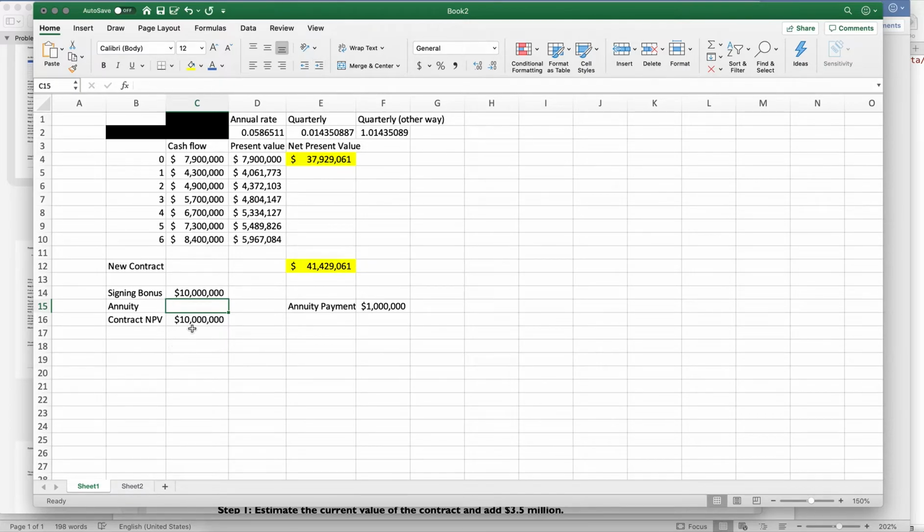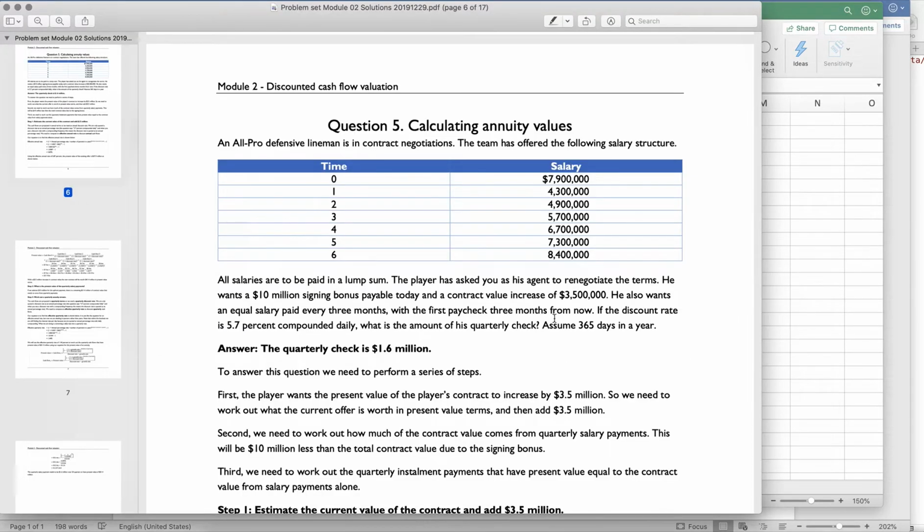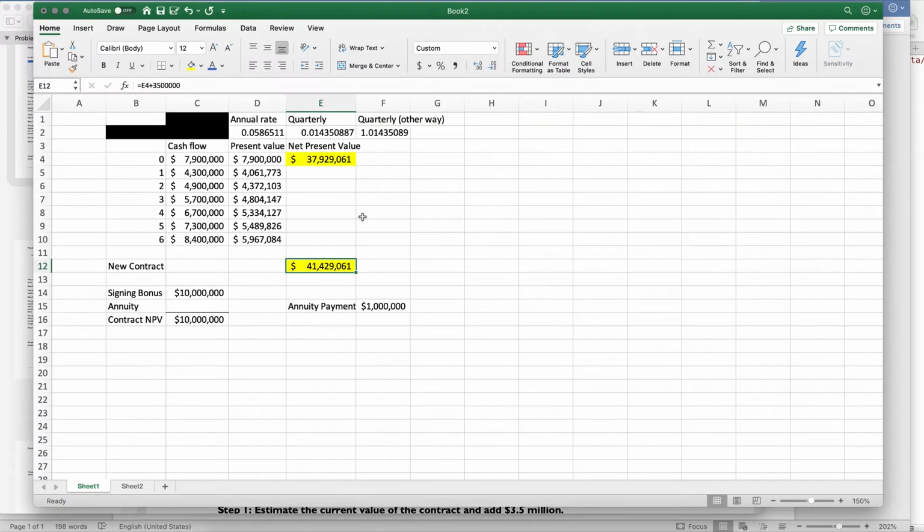We don't know what this annuity is yet. We know that we want the contract NPV to equal the target, because that's what the question told us. He wants the contract value to increase by 3.5 million, so that plus 3.5 million is 41 million, and we want our new contract NPV to equal that.